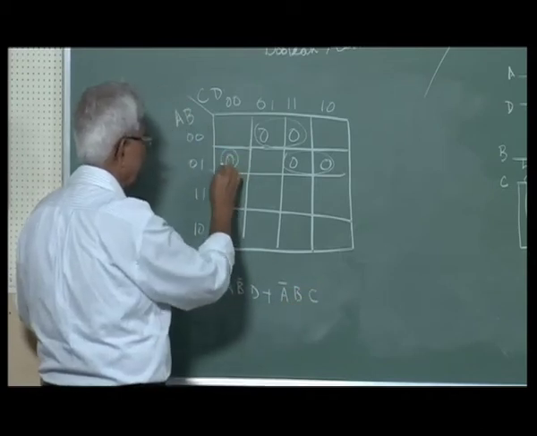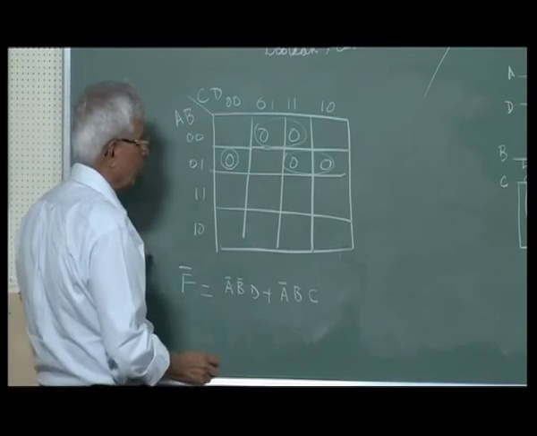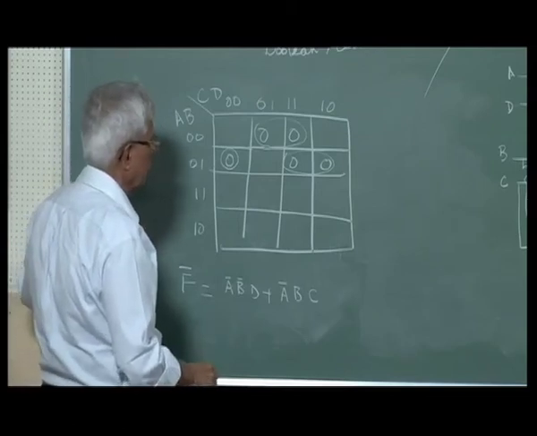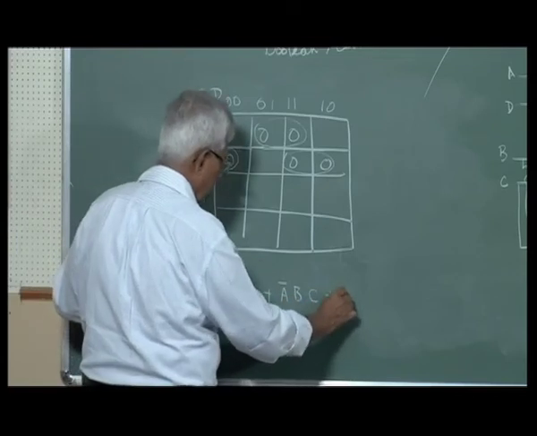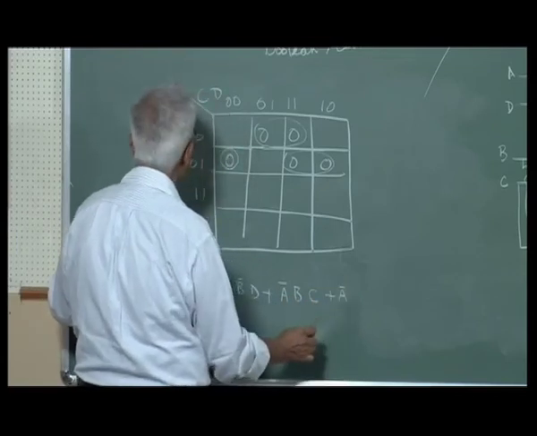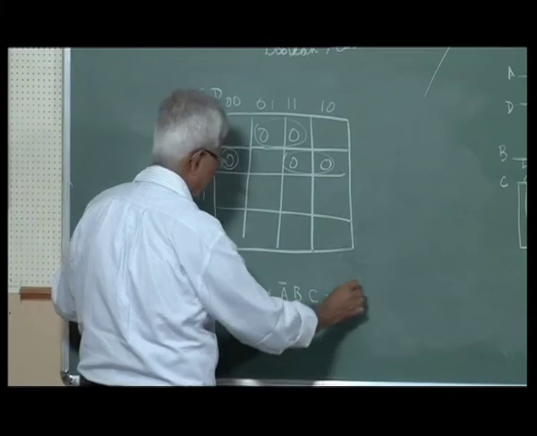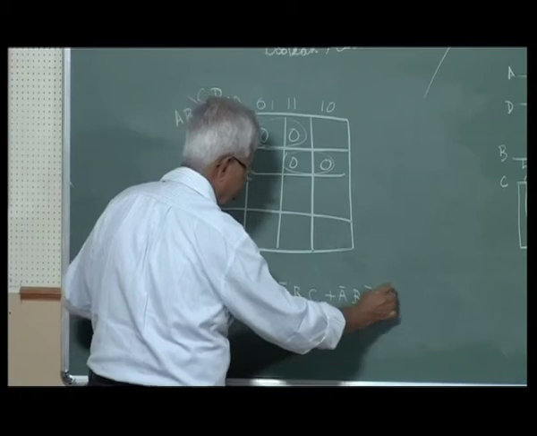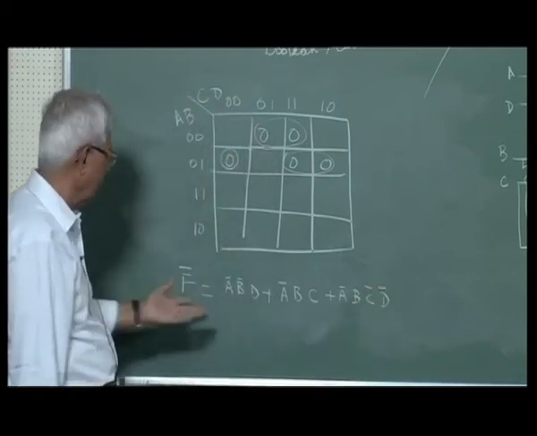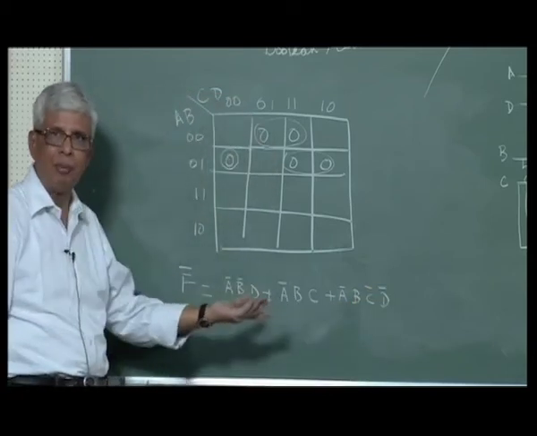I can't combine this with anyone. This would be A bar, B, C bar, D bar. F bar. So I can apply De Morgan's.